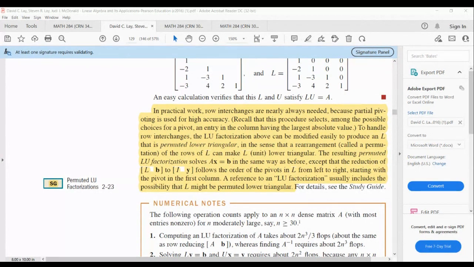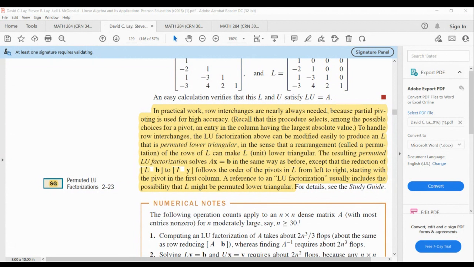But as you saw in the example we just looked at in the handout, a row interchange was needed in order to do the partial pivoting. Okay, and so in practical work, this is a comment in section 2.5, right after example 2. In practical work for LU factorization, row interchanges are nearly always needed because partial pivoting is used for high accuracy.